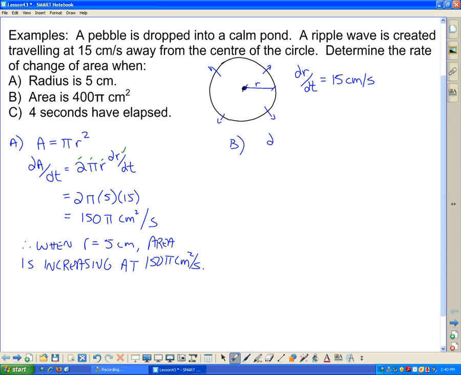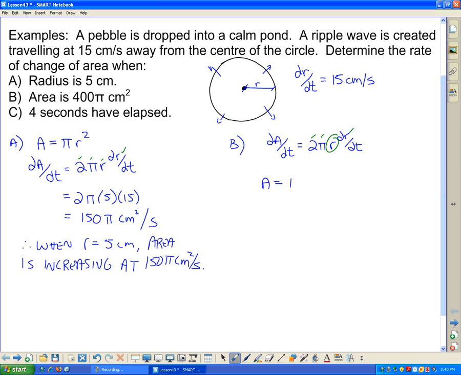So again, I'm going to write out what we determined in part A, and we ended up with 2 pi r dr by dt. So when we look at the information, 2 and pi are just numbers. I know them. dr by dt is given above. So in this part, I don't know what r is. I know what area is. So there will be times where you need to go off and work on the side column to determine a missing value.